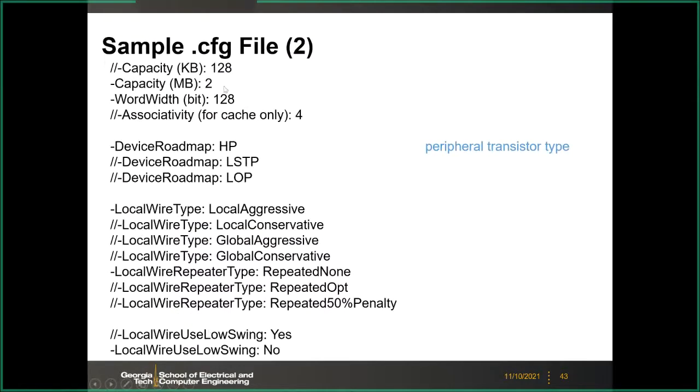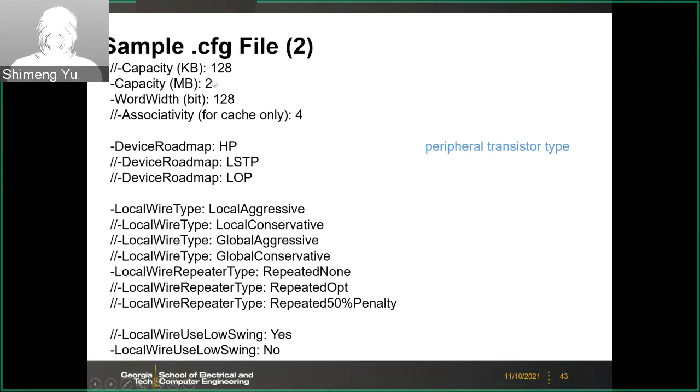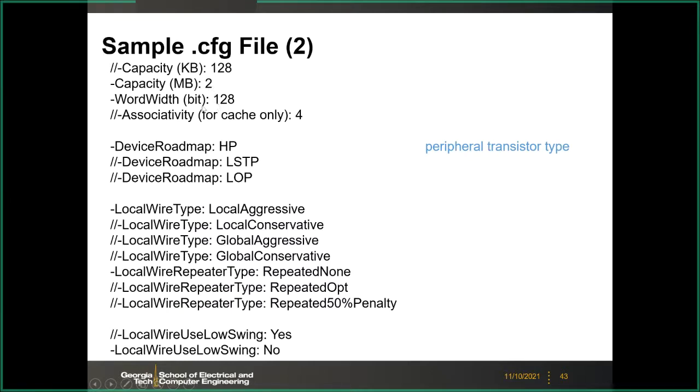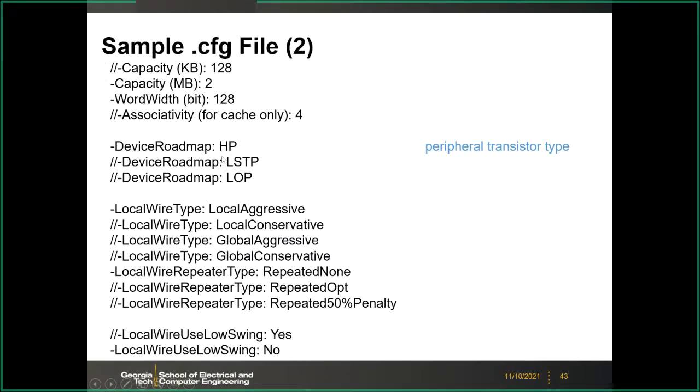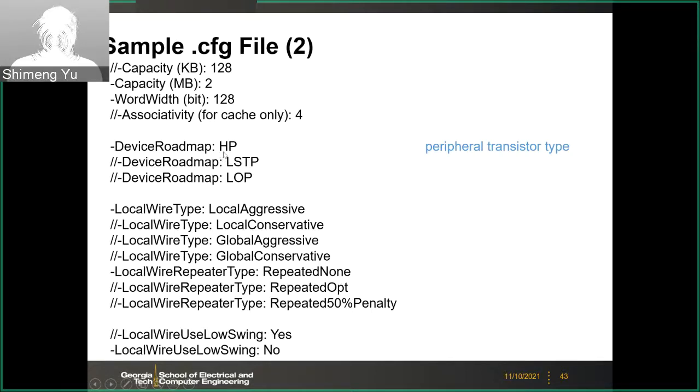And then here are the design specs of your target. For example, here we want to design a 2 megabyte RAM. And then the I/O width is like 128 bits. And we want to design using the high performance peripheral circuit transistors. And then here, actually I don't know the details of this wire type, but here the wire repeater type is repeated long, no repeater.